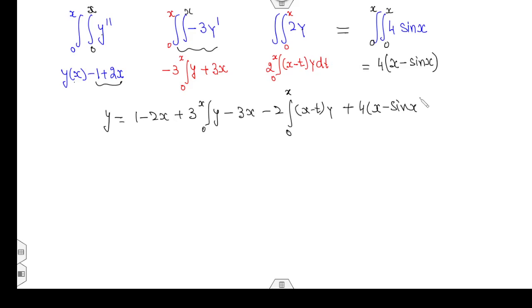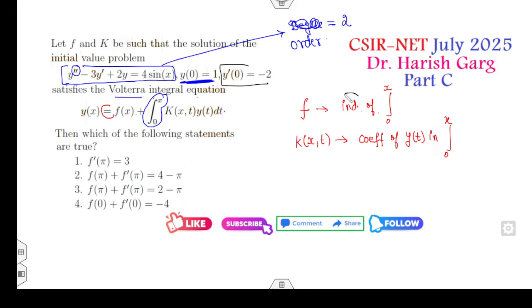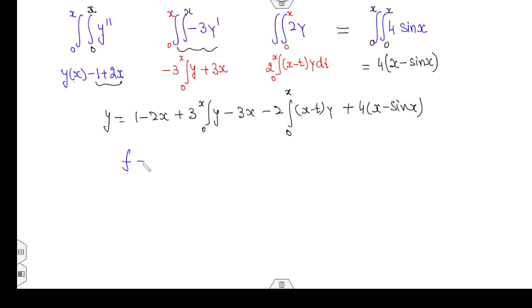Now look at all those terms which are independent of the integration. That will be my f of x. So f of x will be 1 minus 2x minus 3x and this quantity. So if you open them, it will be 1 minus 2x minus 3x is minus 5x plus 4x is minus x and minus 4 sin x.